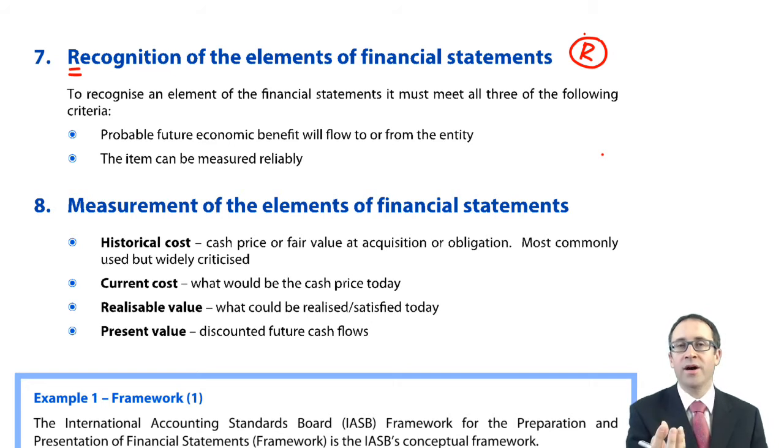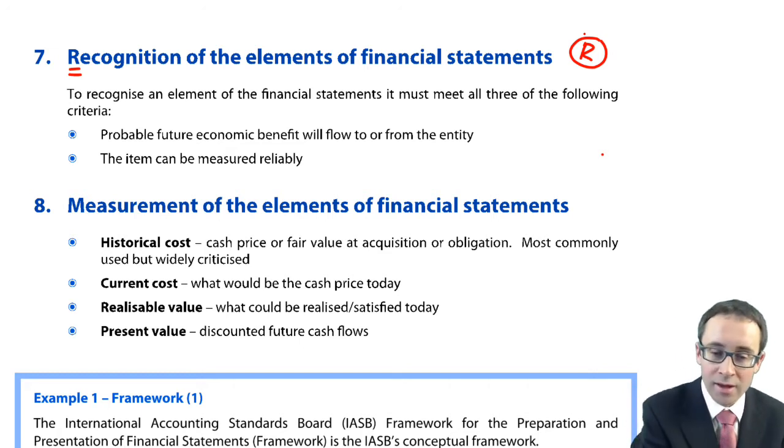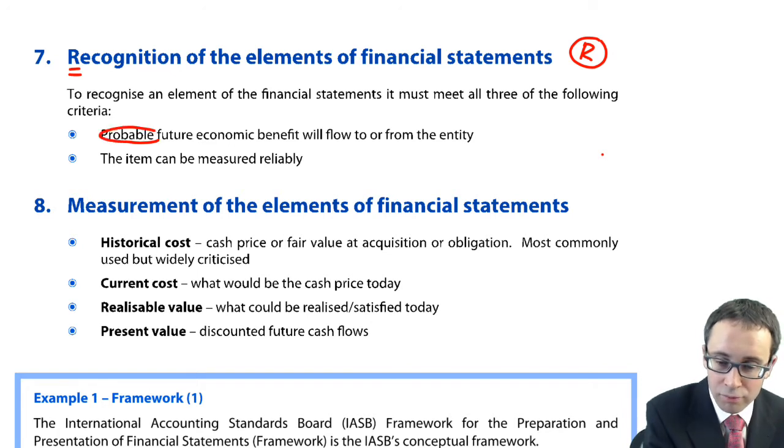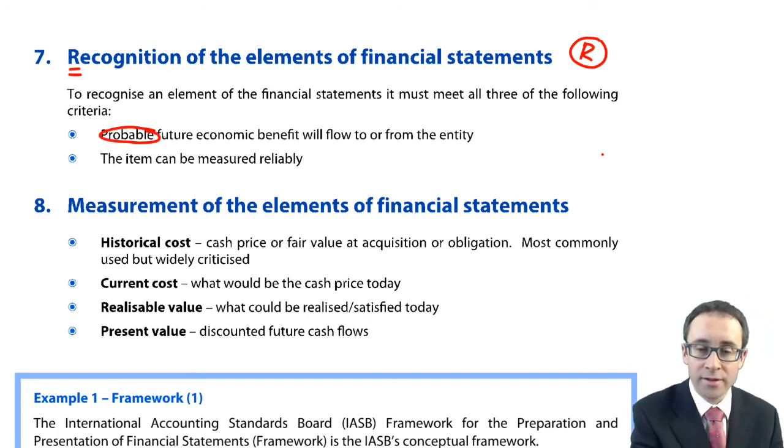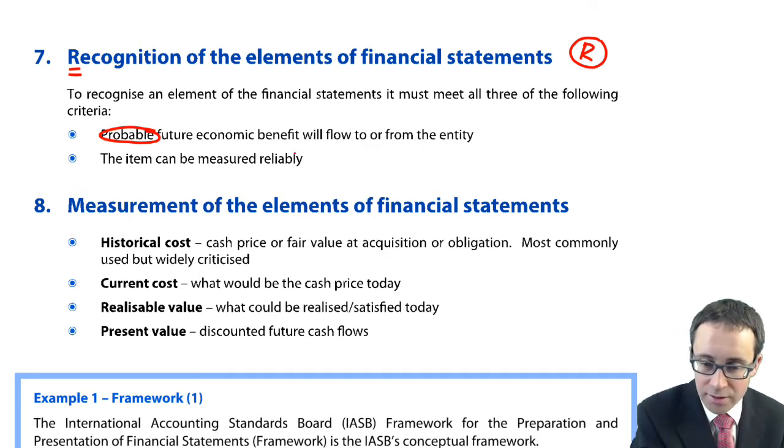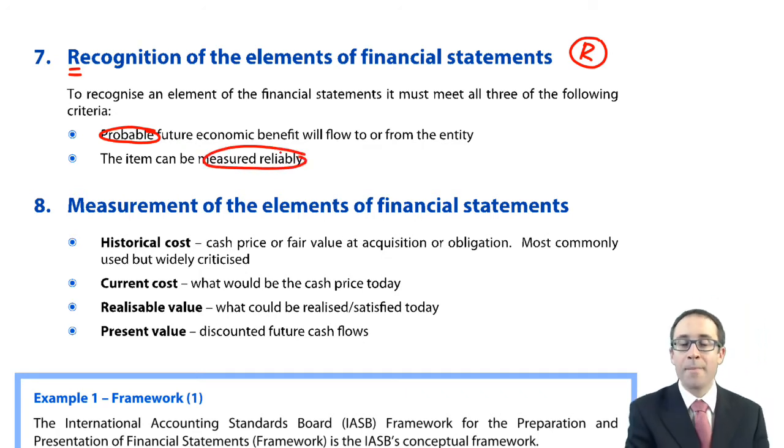So to record it within the financial statements, it has to pass not just the definition, but also meet the recognition criteria. And the recognition criteria there is: is it probable future economic benefits? And as well as probable future economic benefits, you want it to be measured reliably, so you can actively assign a valid number to the asset, the liability, the equity, income, or the expense.